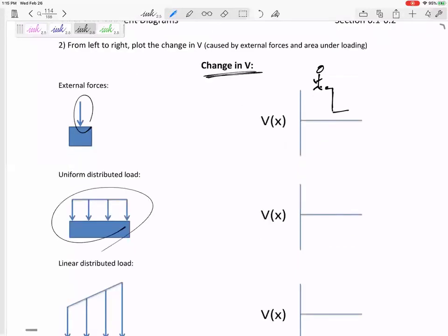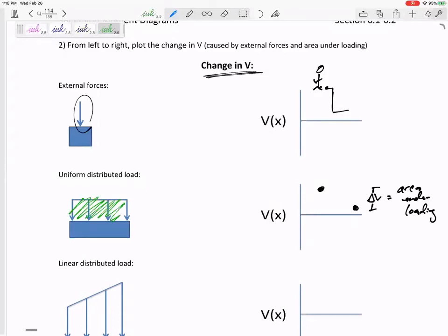Okay, what if I encounter a uniform distributed load? Let's say I start right here. This pushes me down. Where do I end up? Let's see, the change from beginning to end would be the area under the loading, right? Because it's like I just replaced this with one force.